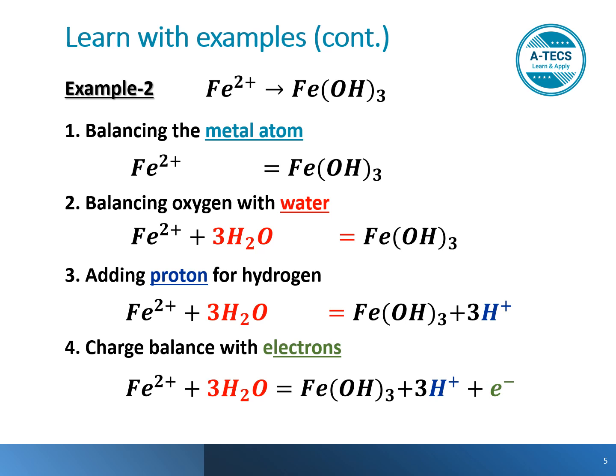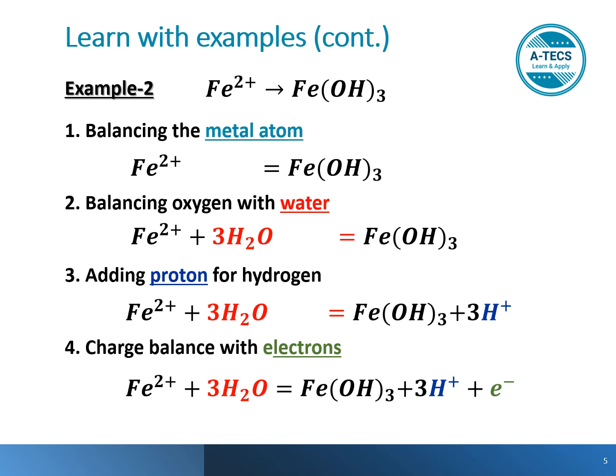Finally, in the fourth step, we have to balance charge with electrons. As you can see, we have +2 charge on the left side and +3 charge on the right side in step 3. It means we have to add 1 electron on the right side to balance the overall charge of this reaction.